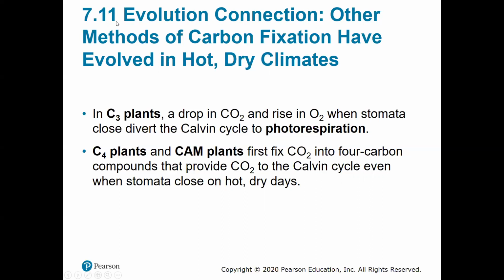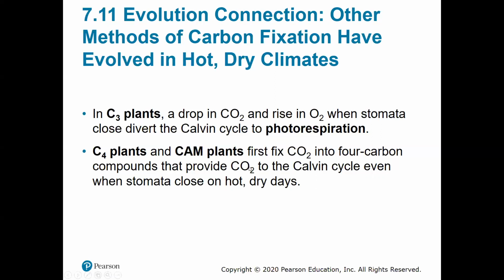So different plants that live in different kinds of climates or environments have to adapt to times or periods when there are low CO2 levels. And this leads us to C4 plants and CAM plants. In C4 plants and CAM plants, they fix carbon dioxide into a 4-carbon compound instead of the 3-carbon compound found in C3 plants.